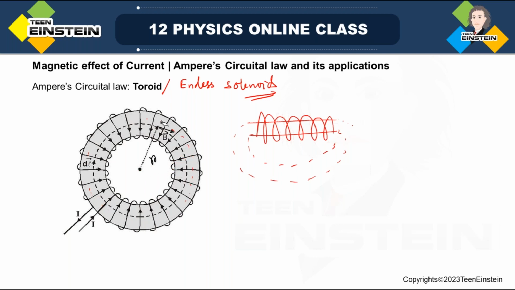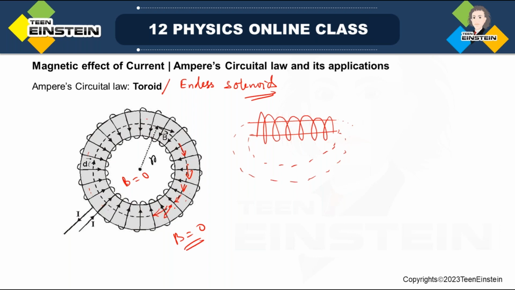The magnetic field lines are actually concentric circles. See, this is a magnetic field line, and this is a magnetic field line. The field lines here are in the clockwise direction, and the direction of the magnetic field at each point is along the tangent. And there is no magnetic field here, which we have to prove.